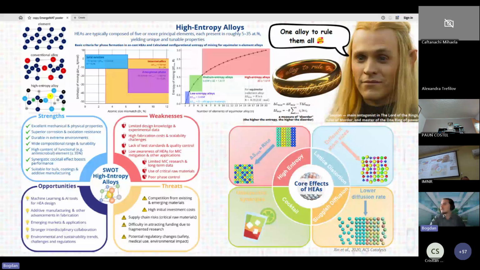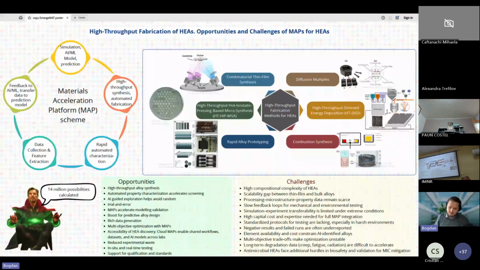So what is the idea of this research? One of the advantages and at the same time disadvantages of high entropy alloys is the vast compositional space. There are millions of combinations of compositions which can be used for the design of alloys. By the traditional way, it's a time-consuming procedure to do all types of experiments.